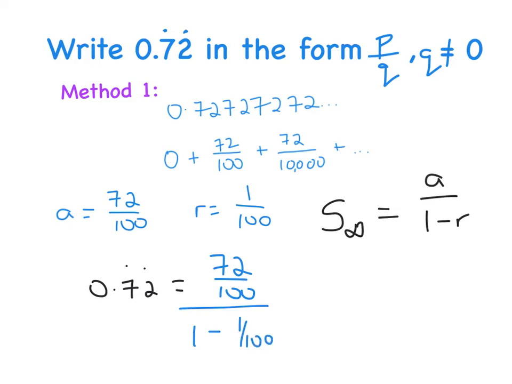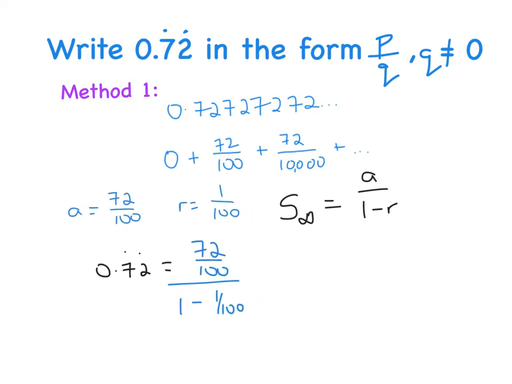And if we put that into our calculator as is, we will get an answer of 8 over 11. So that's very simply using our geometric series to infinity sum formula. And so we'll just do it very quickly with the other method as well.